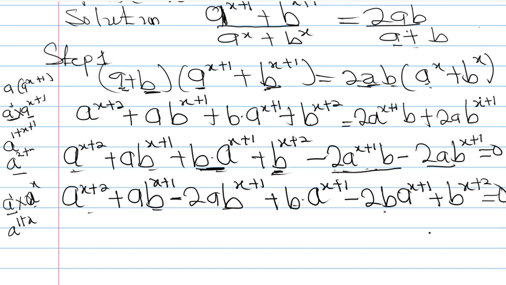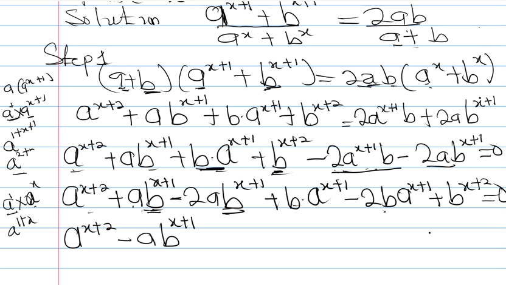Now here I can see a^(x+2), right? Now let me supply this thing: a times b^(x+1). They are the same thing, right? So a minus 2a, we are going to have, let me take this thing out so that I can have b, this one will be minus ab^(x+1).